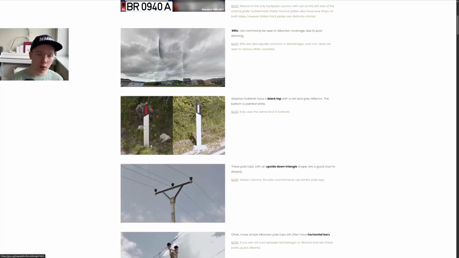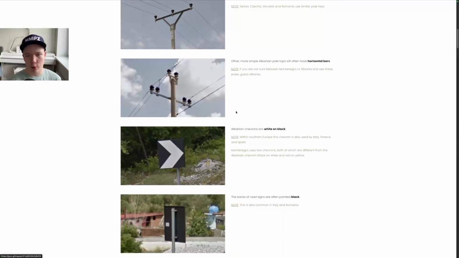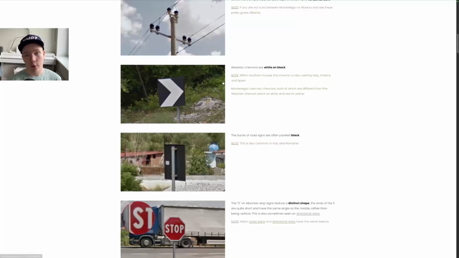Yeah, this is an interesting bollard, only in Italy and Albania. The kind of infrastructure stuff in Italy and Albania is quite similar. So this bollard does not have this white top thing here, but it just ends with the black thing. Not going to talk about poles really. Albanian chevrons, again, same as Italy and even some other countries in Europe as well.